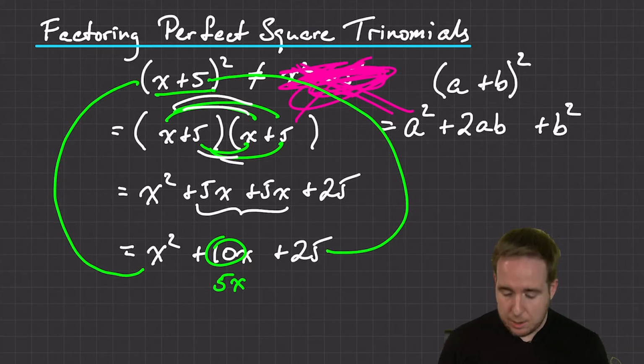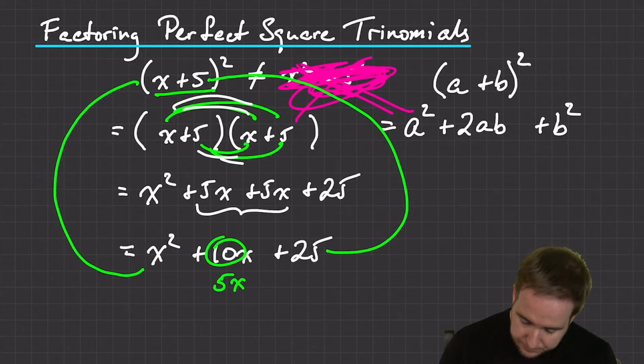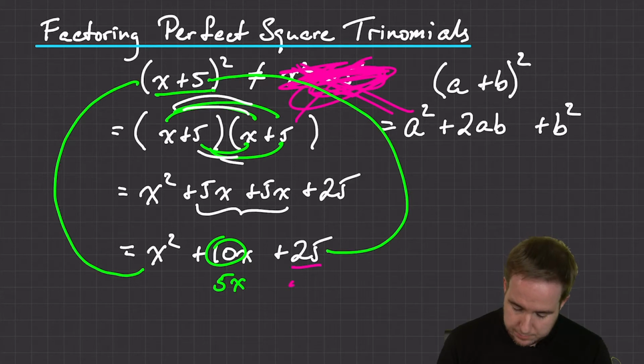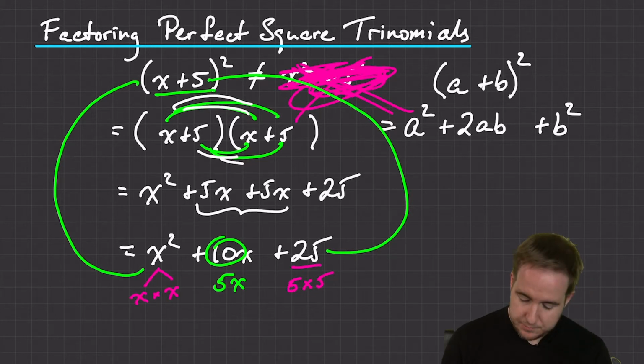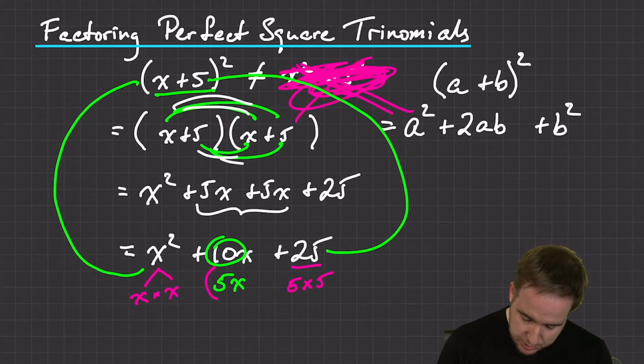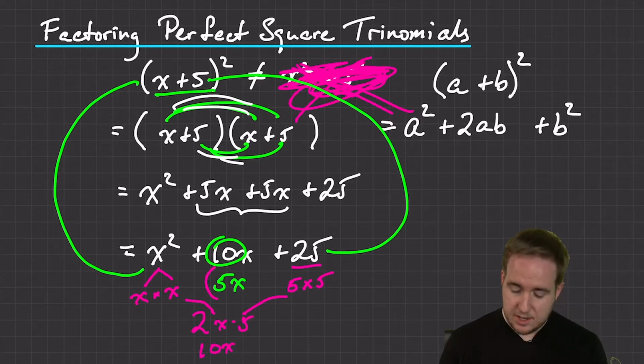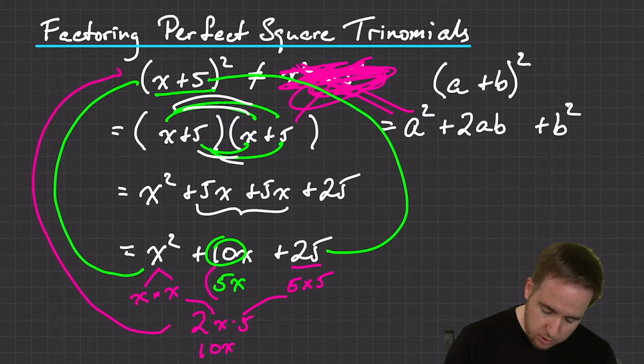And if you work it backwards, if you notice that this is something squared, and this is something squared, x times x, and the middle is 2 of this times this, 2 times x times 5 is 10x, then you can work all this back.